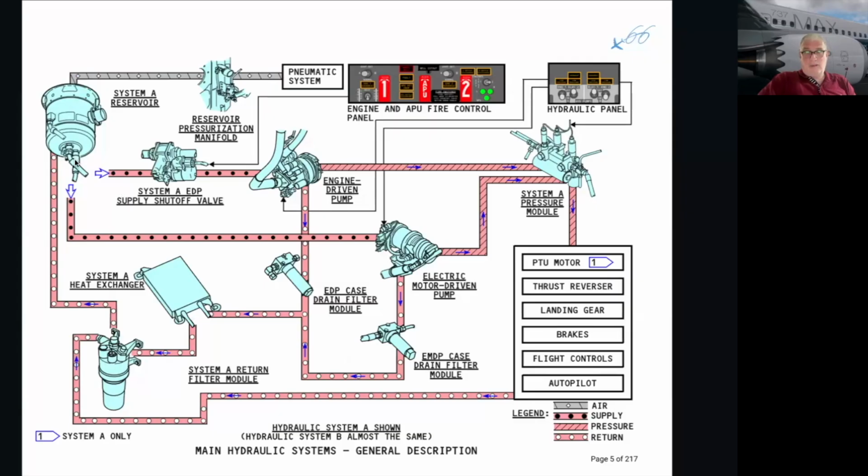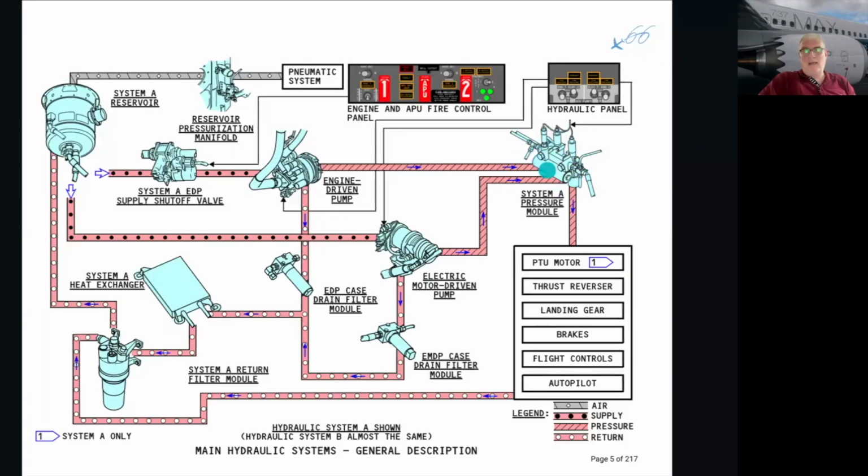The supply goes to the engine-driven pump and to the electric motor-driven pump. Then it comes out as high pressure, 3000 psi, from the engine-driven pump and the electric motor-driven pump to a system A pressure module, or manifold.